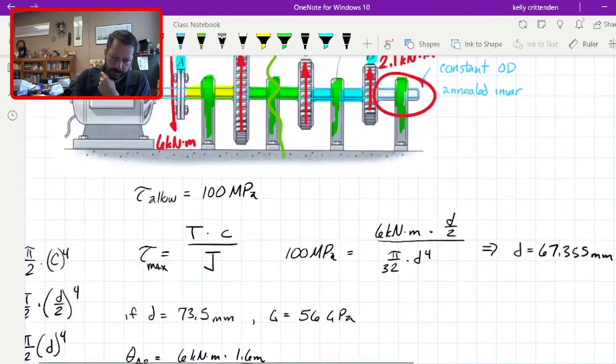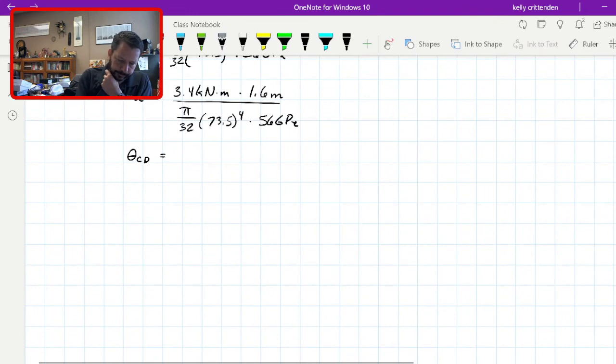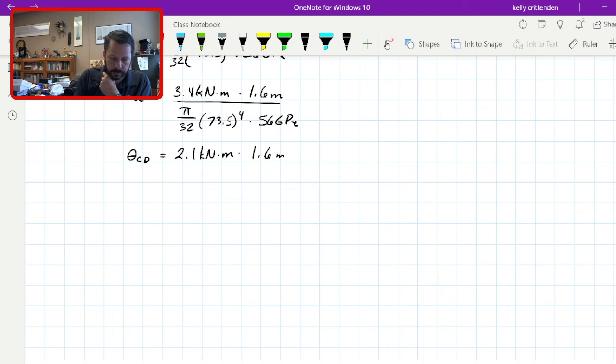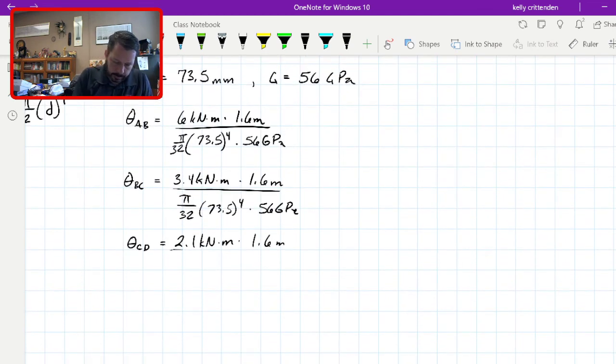So I forgot the number. 2.1 kilonewton meters, same length according to the problem statement, and same denominator. I left the units. Those are millimeters. That is important because some of these other units are in meters.